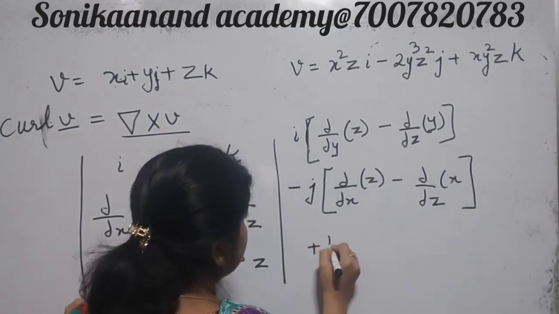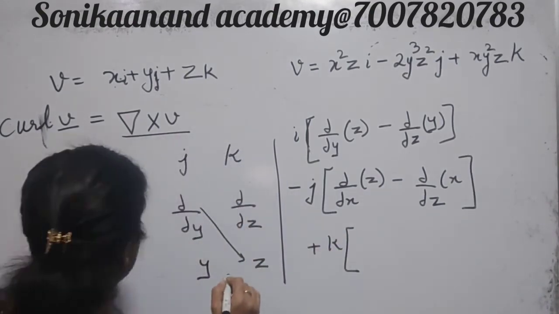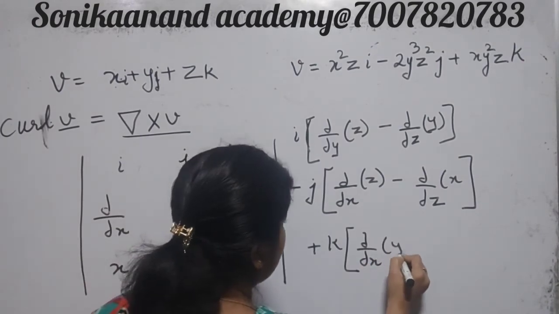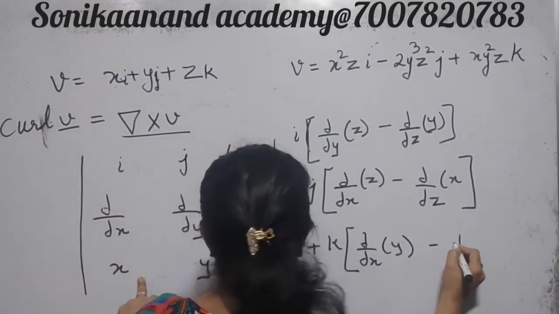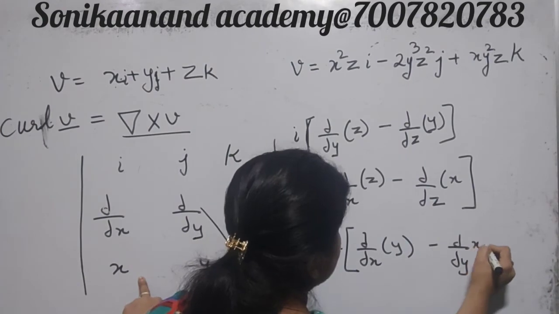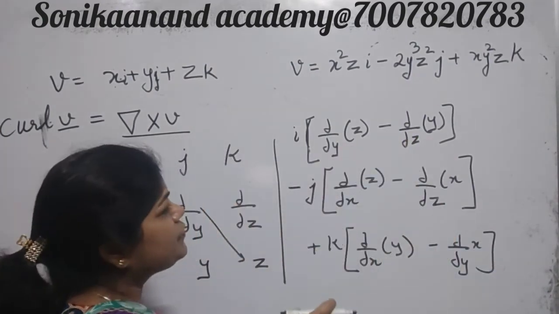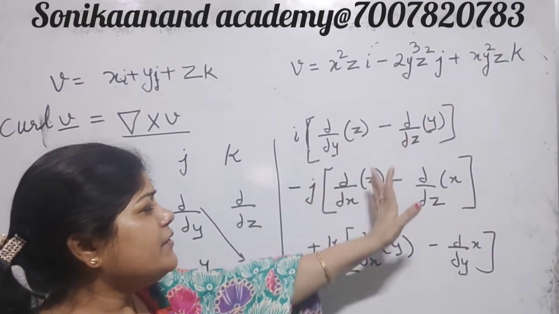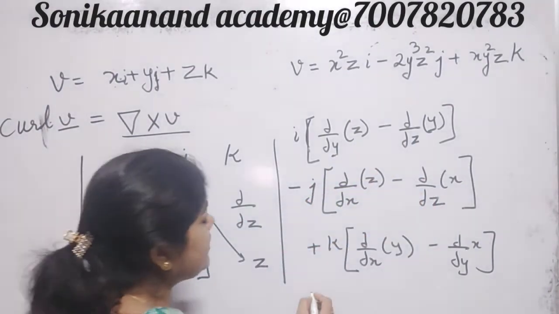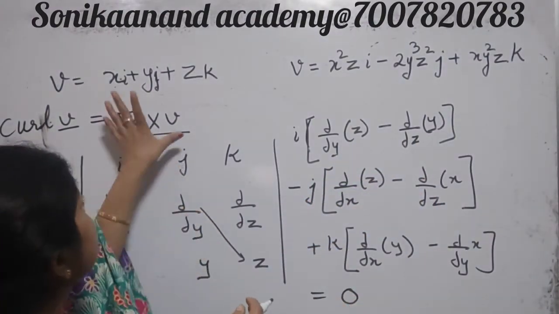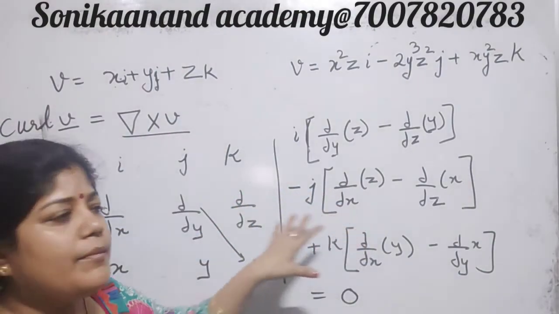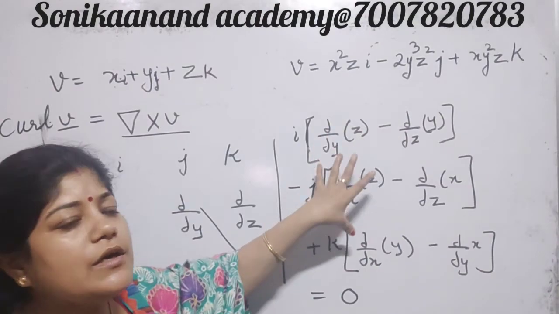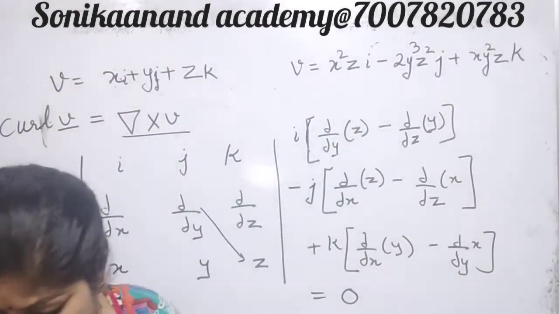Now k, this to this d of dx, it is y, then minus d of dy, it is x. In all the cases you have to see, when we have to differentiate with respect to y, we have z, here we have different quantities. So it all becomes 0. That is curl of this function is 0. But now this is not the way. I am just explaining how to find the curl of a vector from this question.